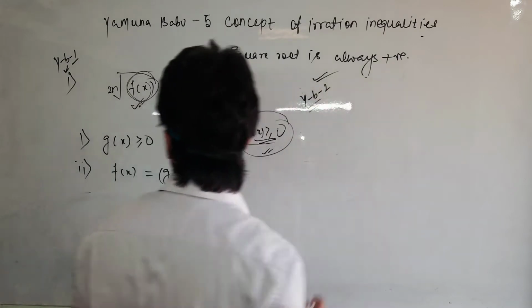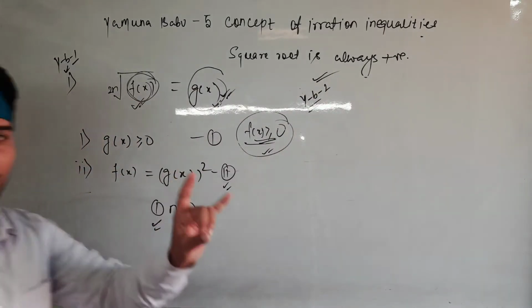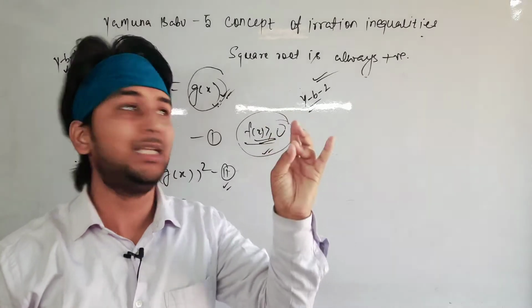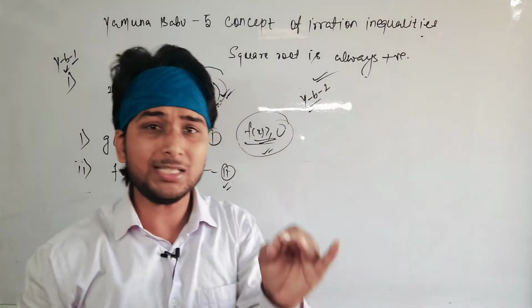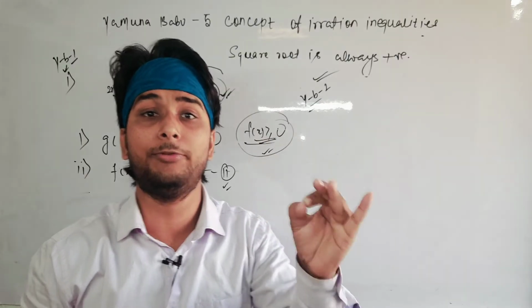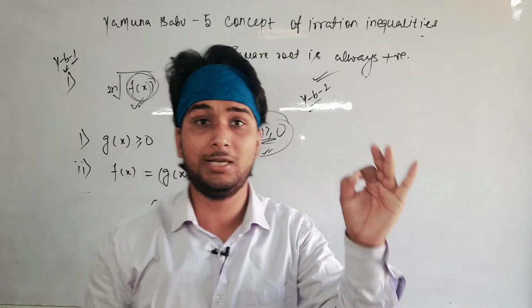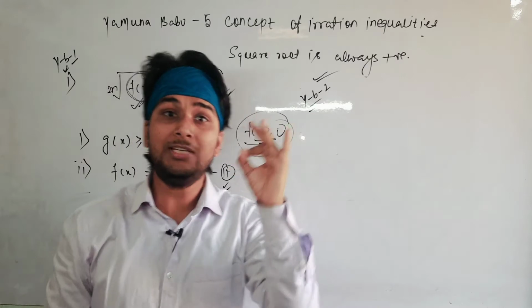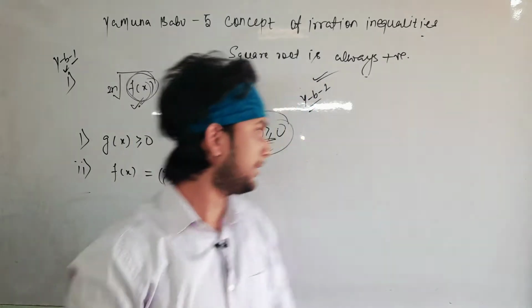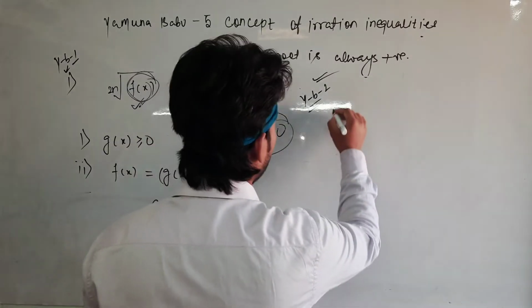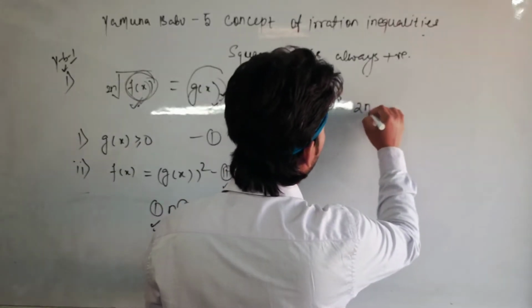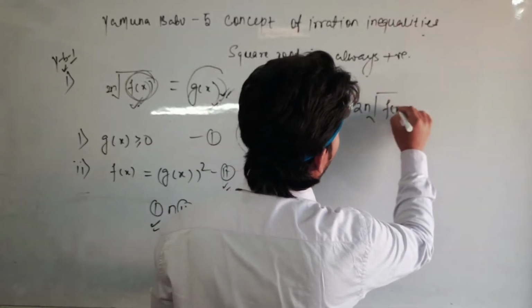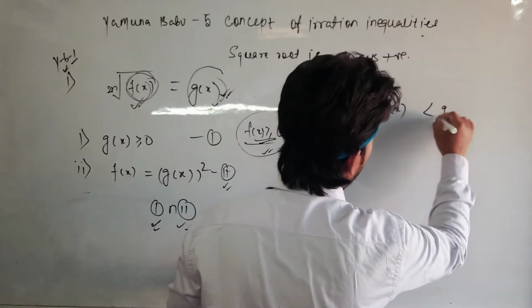Okay, let's see YB concept number 2. You have to remember only that the square root is always positive. That is the keyword of irrational inequality. YB concept number 2 says: 1 by 2n-th power of f(x) is less than g(x).